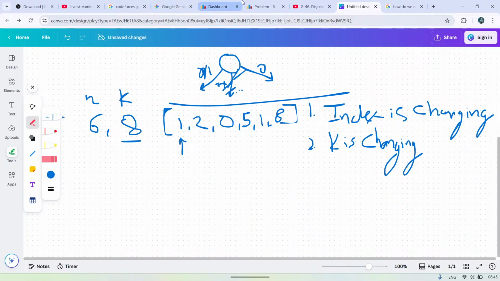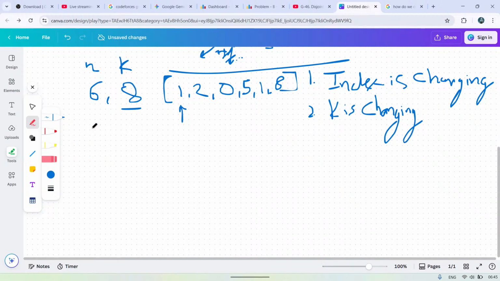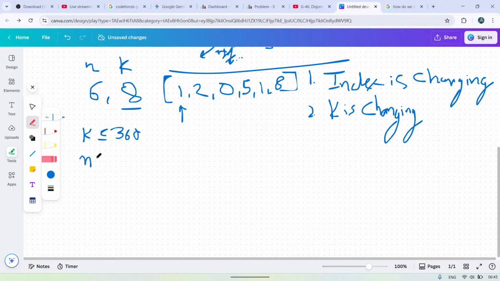Let's see the limits and see if we can get something. K can be only till 360, so K should be less than or equal to 360, and N should be less than or equal to 10 raised to the power 5. So at each index we can have almost 360 different values.